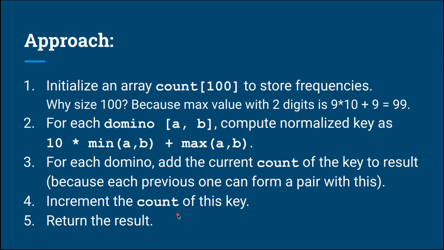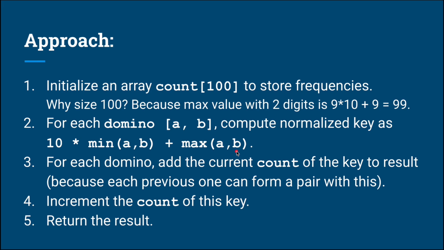So let's suppose 1 2 and 2 1 will become what? 1 2, because if you apply the normalization formula, 10 into min of A comma B plus max of A comma B: the minimum of 1 2 is 1, the max is 2. So 1 gets multiplied by 10 and we add 2, so it becomes 12.